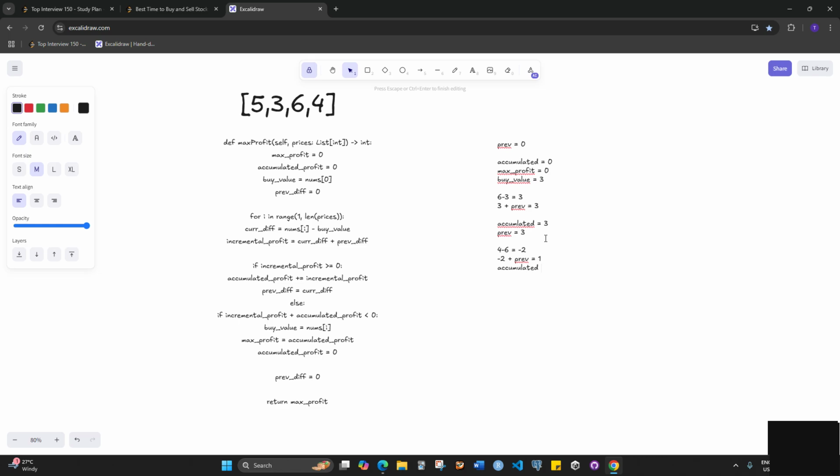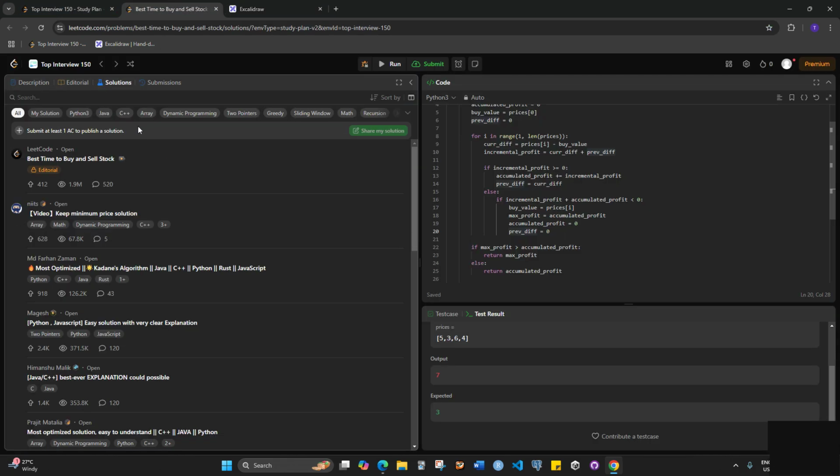So previous is equal to plus 3, so 4 minus 6 is negative 2. Oh, I need help. I don't know how to do this.